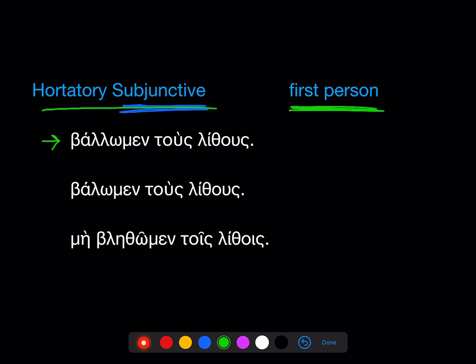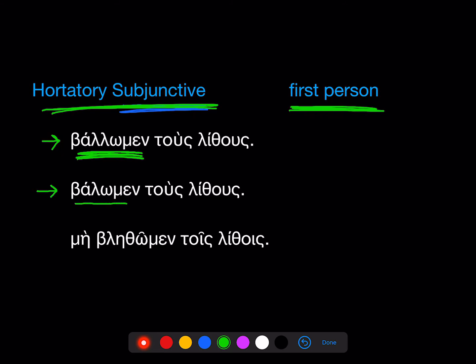So let's look at this example first. βάλωμεν τοὺς λίθους. So that is a present active subjunctive from βάλλω. And a hortatory subjunctive is when you're encouraging yourself to do something. So βάλλωμεν τοὺς λίθους, let's be throwing the rocks.